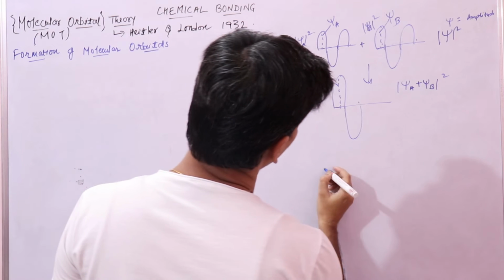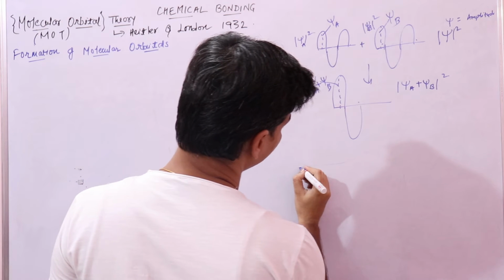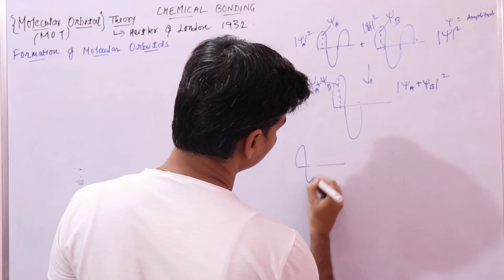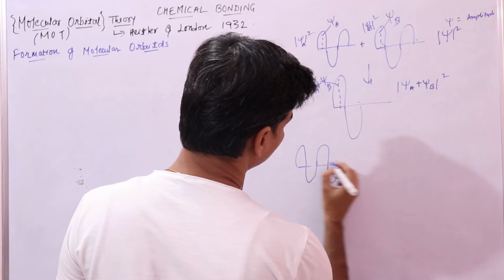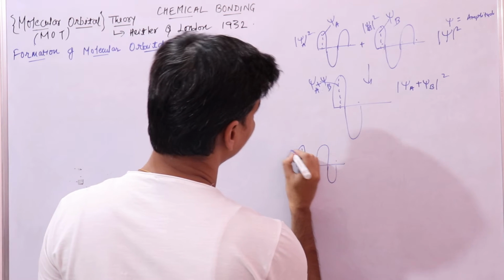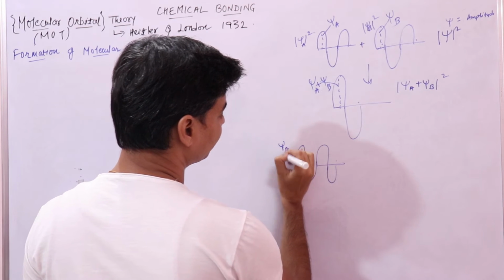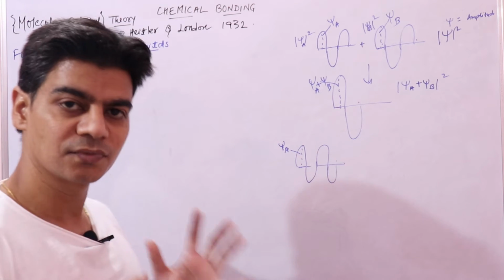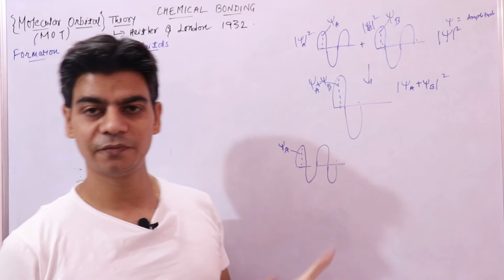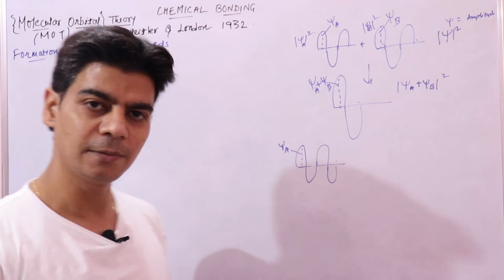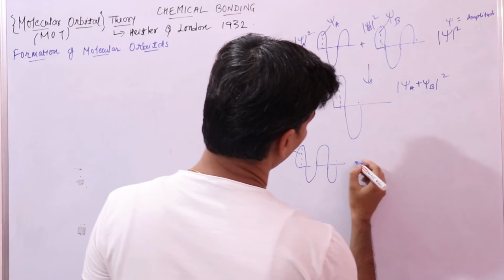Similarly, let's talk about destructive interference. The orbital formed by destructive interference of waves is a smaller orbital. And how do we get it?